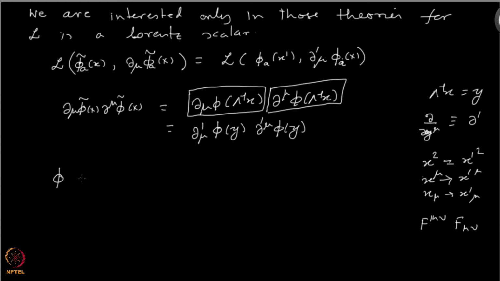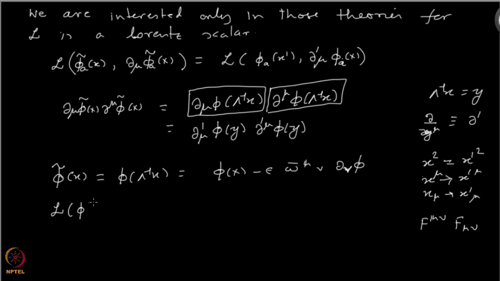A scalar field transforms like this: phi tilde of x, which is the transformed field, which is phi of lambda inverse x, is just phi of x minus epsilon omega bar mu nu x nu del mu of phi. That's what we wrote previously also. Then if this is how a scalar transforms, and I am arguing that the Lagrangian density is a scalar, then this Lagrangian density is also going to transform in the same manner.